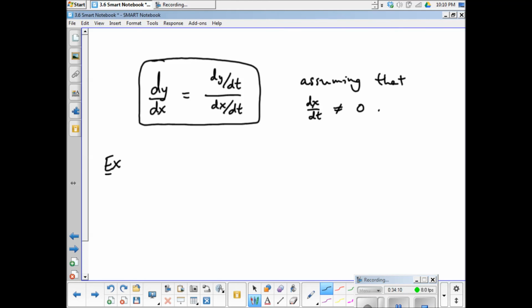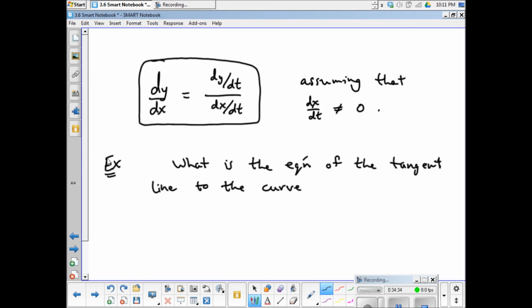Okay, so for a quick example of that, we could say, what is the equation of the tangent line to the curve x equals 6 cosecant t, and a y to go with it, y equals 3 secant t, at t equals pi over 4.